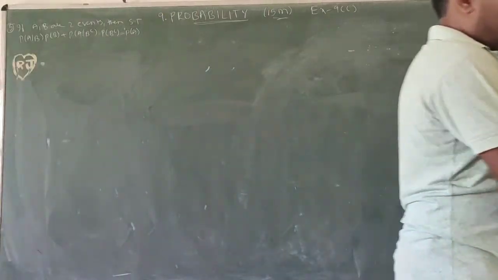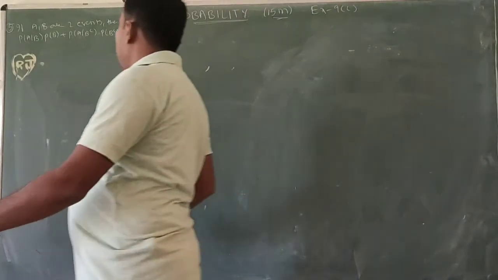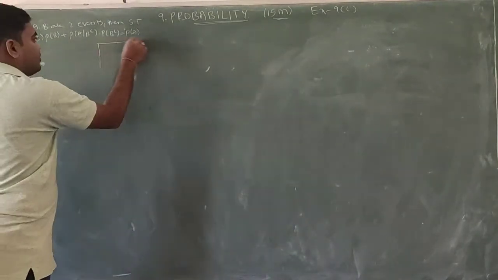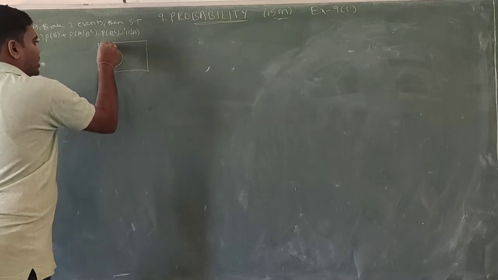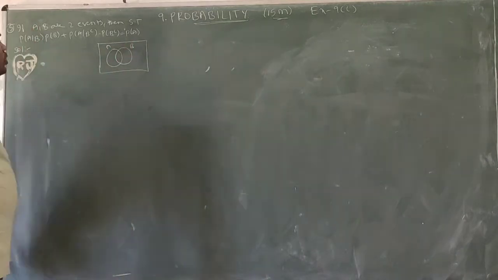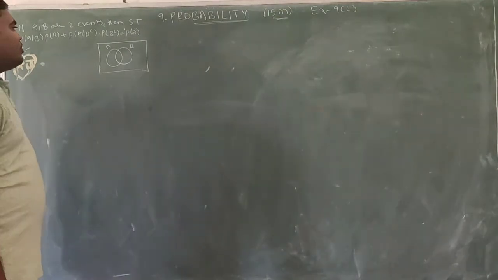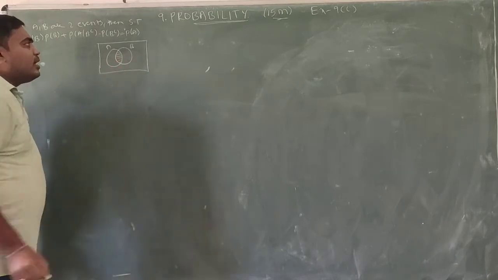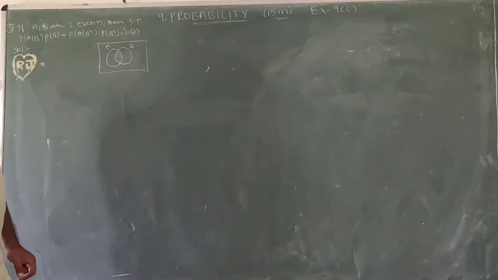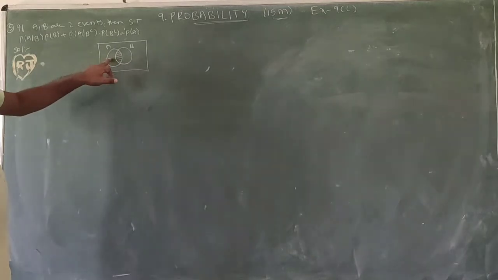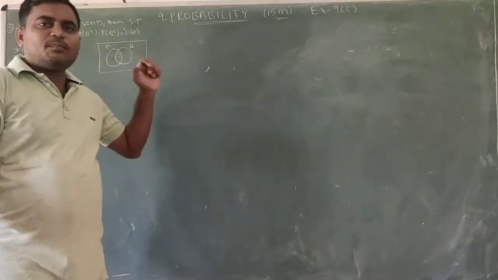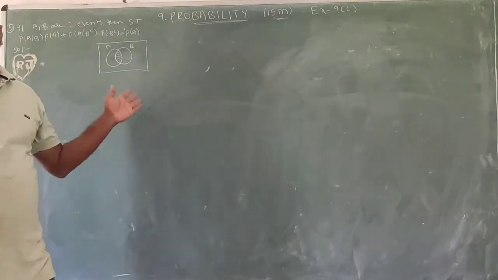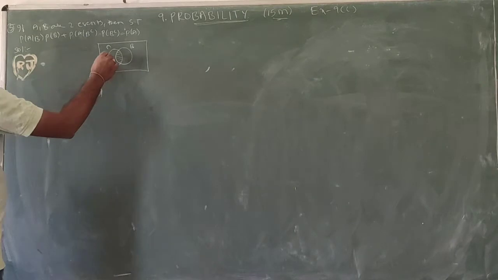Okay, now, so first solution. First I am taking a Venn diagram of A and B. This is A intersection B. Next, A intersection B complement, this is A minus B. A minus B is nothing but what lies in A but not in B. So it should be in A and not in B, so this one.